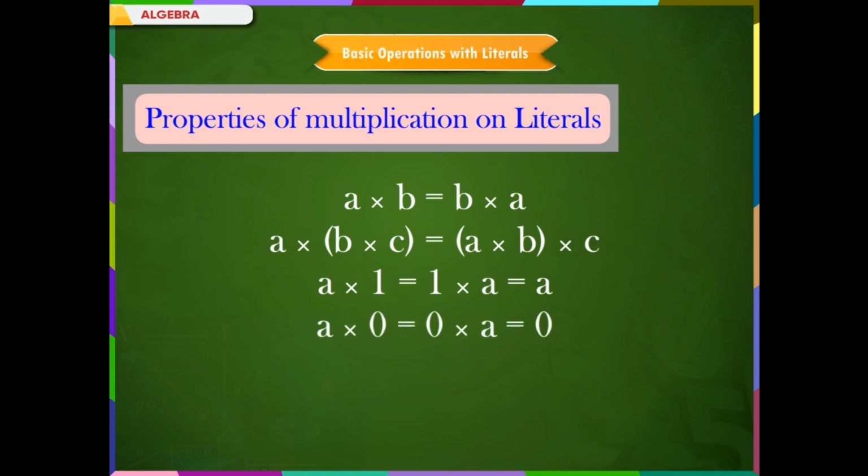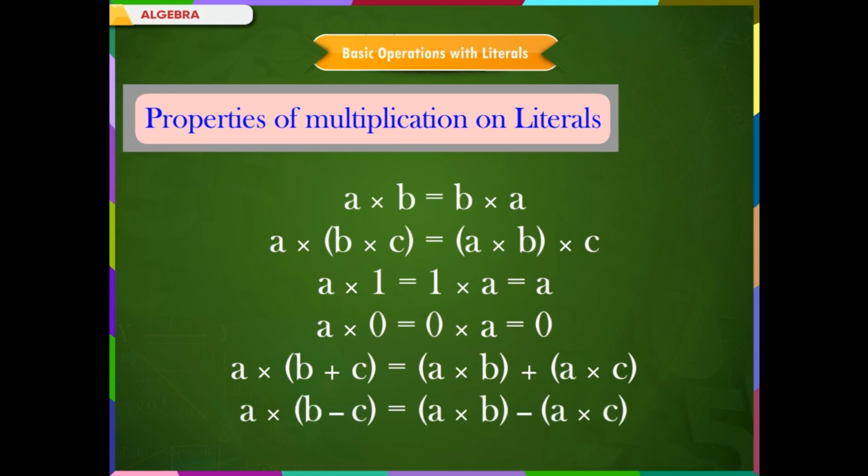A into 0 is equal to 0 into a is equal to 0. A into b plus c is equal to a into b plus a into c. A into b minus c is equal to a into b minus a into c.